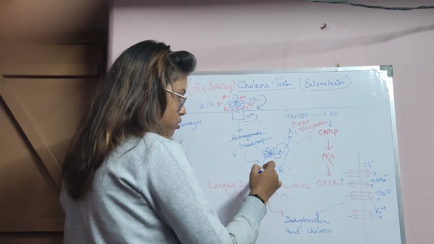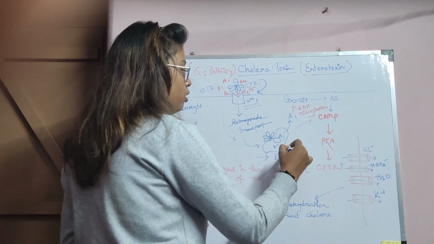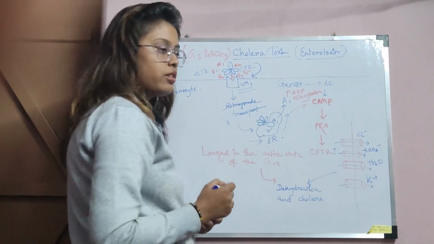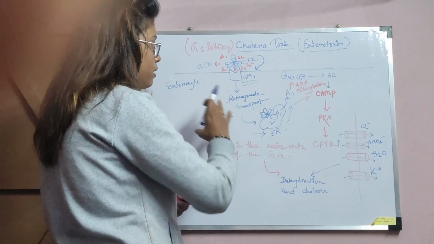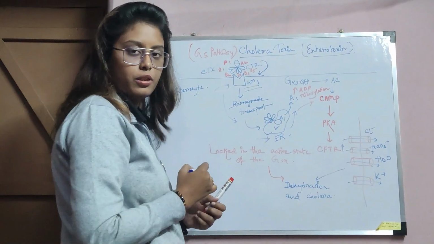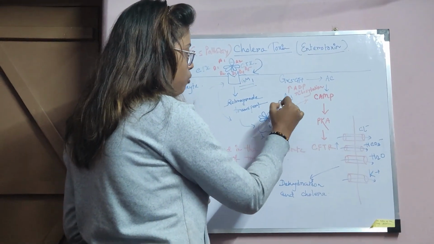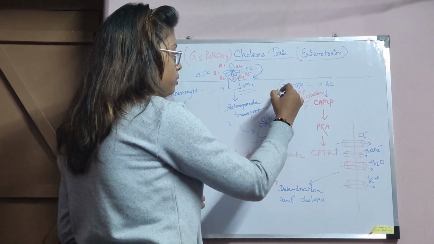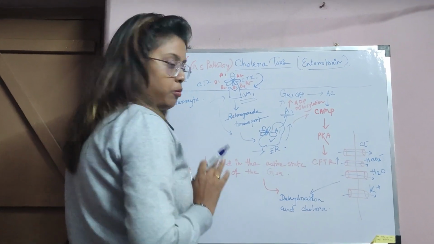it will be cleaved, and only the A1 subunit will go further, because we said that A1 is catalytically active, and the other portions only help in binding with the receptor, nothing else. The catalytically active A1 site will interact with the Gs alpha GTP protein.